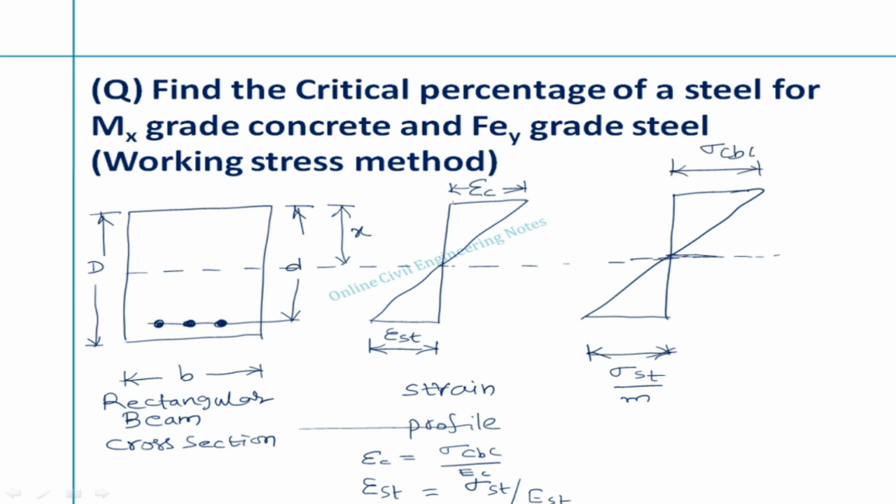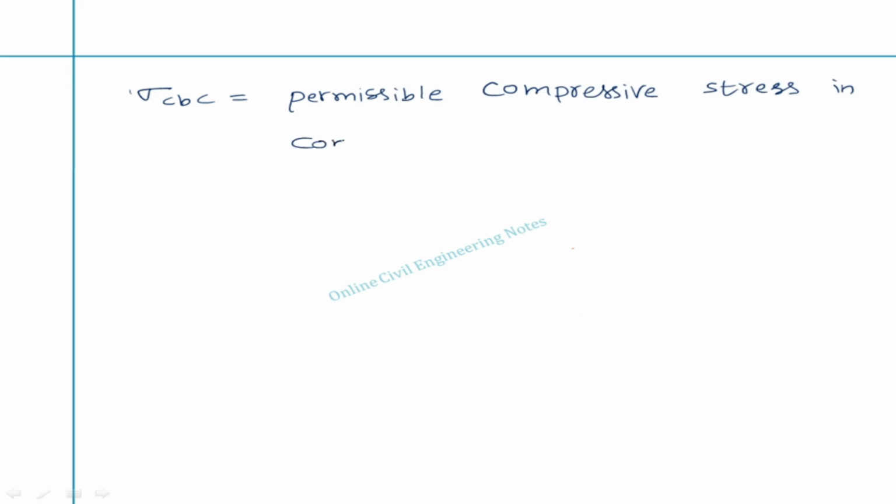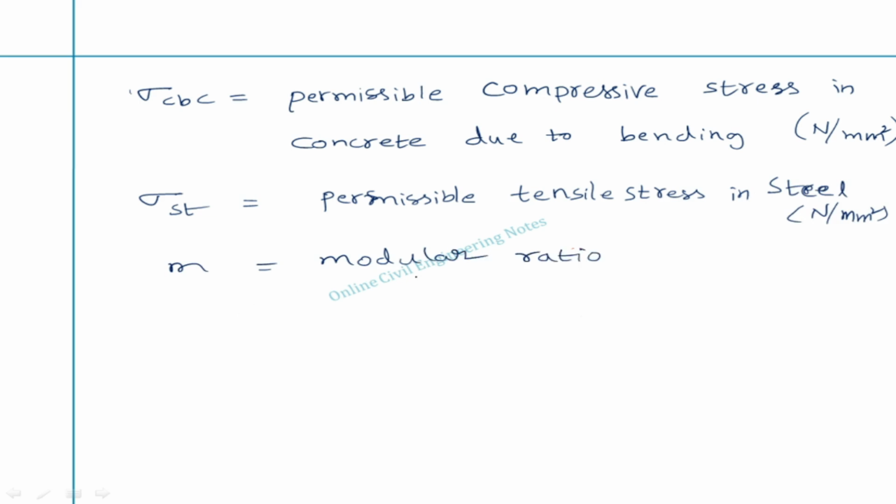This is sigma CBC. m is the modular ratio, which is the ratio of Young's modulus of steel to the Young's modulus of concrete.